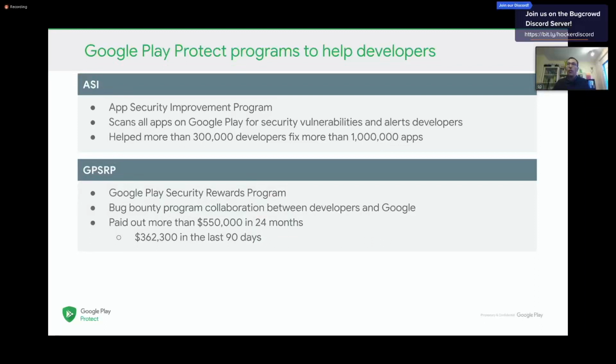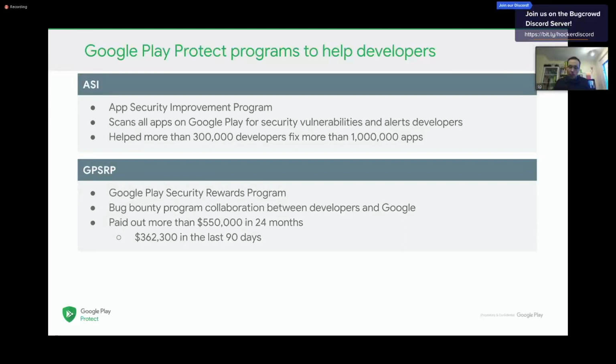You have to do nothing, just confirm with us that a certain hacker found a certain security vulnerability, and we pay out. Companies were excited about that because we end up subsidizing their bug bounty programs, and that's okay for us. The only information we get is information about security vulnerabilities in the Android ecosystem. Then we can use that information to build new ASI scanners and warn more developers at scale that may have similar issues.